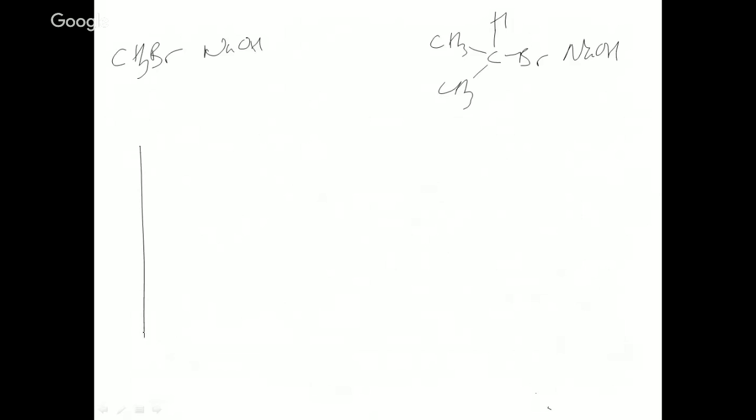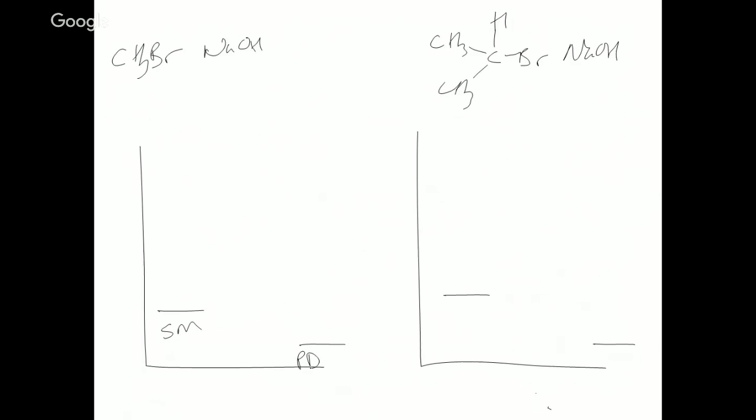The way to think about this is we have two different energy diagrams. I'm going to show them abbreviated. We have starting materials to products, starting materials to products, right? So in the case of this transition state, what do we say? It's a low energy barrier.